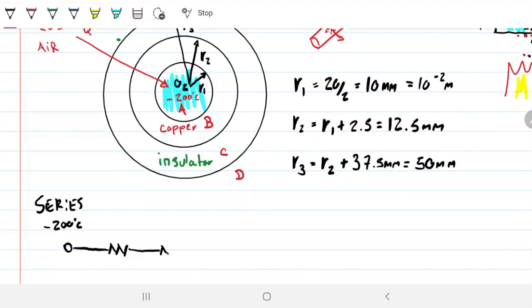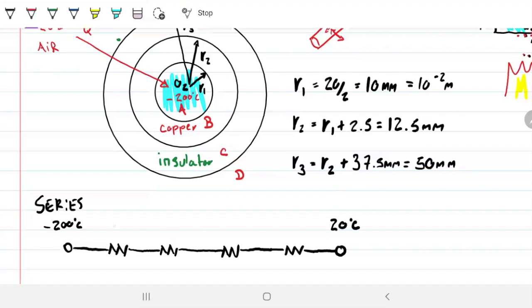Then we have the copper. So our copper is going to be another resistance, and that's going to be a conductive one. And then we're going to have the resistance due to the insulator, and that will be a conductive one again. And finally, we have air, and when energy is being transferred from the air to the insulator, we will have another convective one. And on this outside here, we have 20 Celsius.